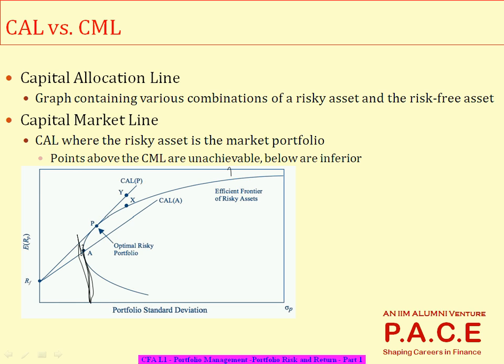But the moment I am bringing in a risk-free asset, the minimum risk is 0. And if there is a guy with this level of risk, he is still having some return. Right? That is the excess benefit which a risk-free asset is bringing into the picture. We'll discuss this.